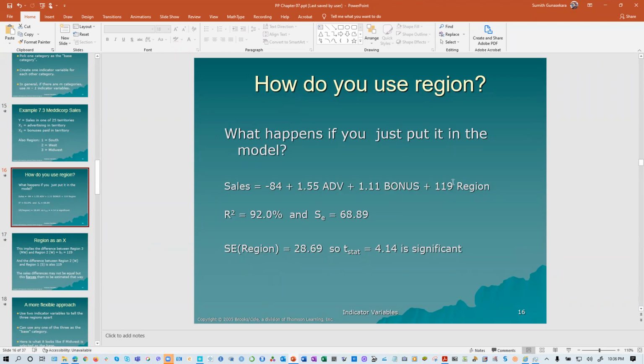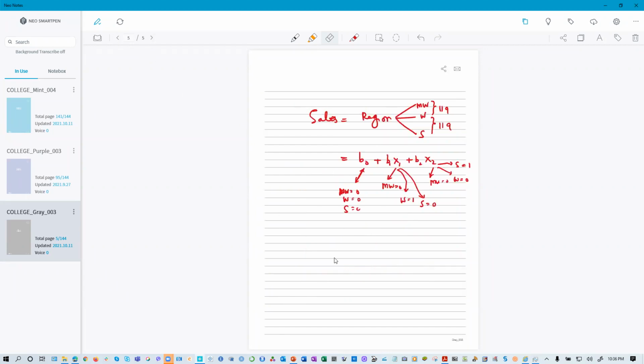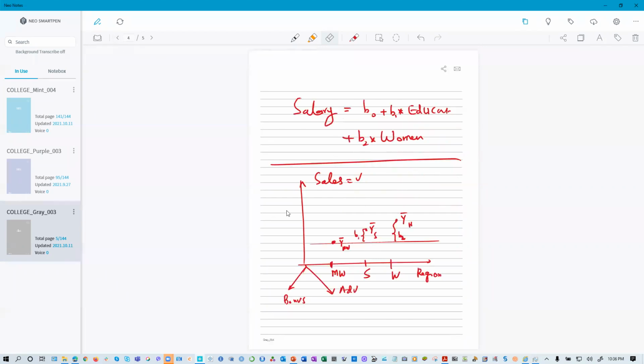See? This one. But this one is related to this guy. Okay, this is related to this guy. See, this equation has been represented graphically here.